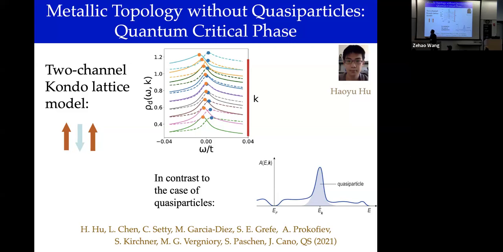But the local moment has an equal tendency of forming a singlet with the spins of the other band of conduction electrons. And so that's a frustrated situation. You cannot produce singlets simultaneously, and the compromise that's reached is a state that's not a Fermi liquid.